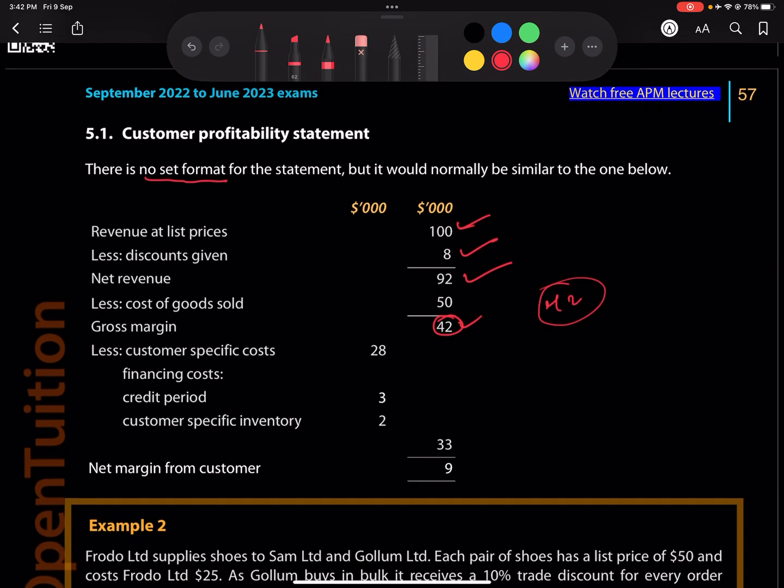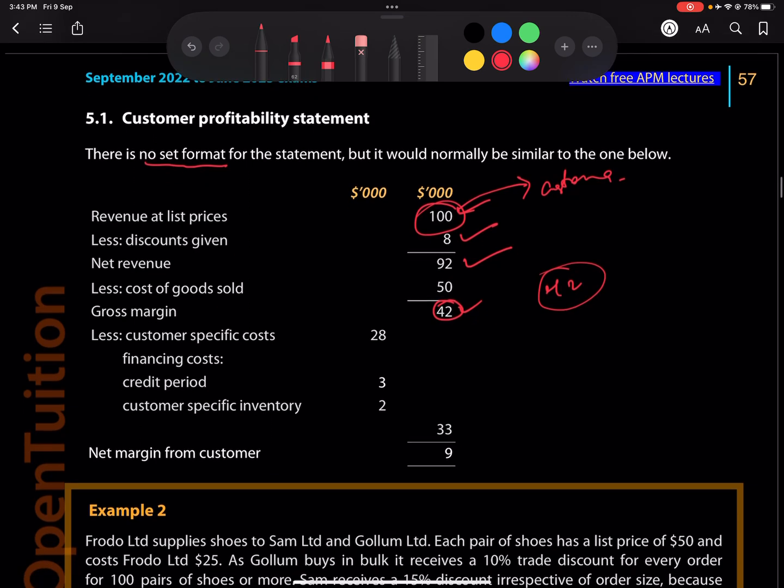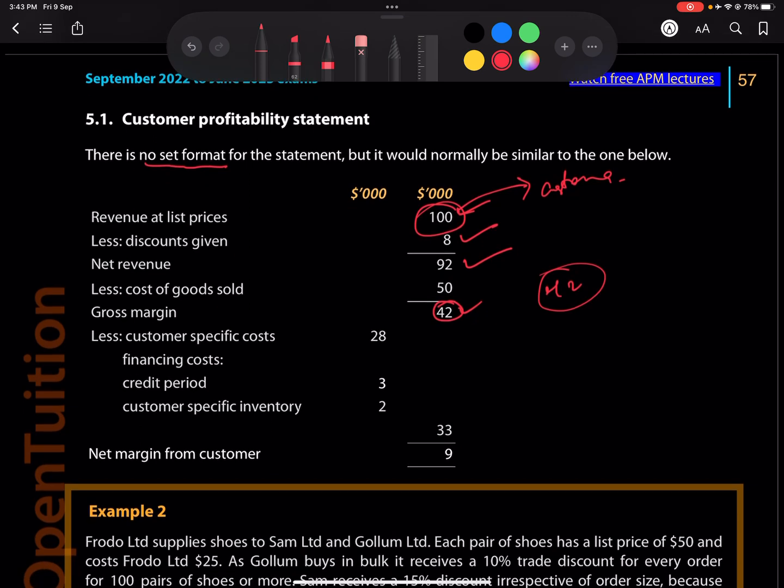Next, this is revenue from that particular customer only, and the discount is the discount given to that particular customer only. Then customer-specific costs, such as credit period could be 3, inventory period could be 28. The net margin we can calculate after that.